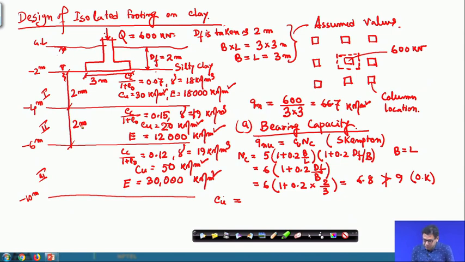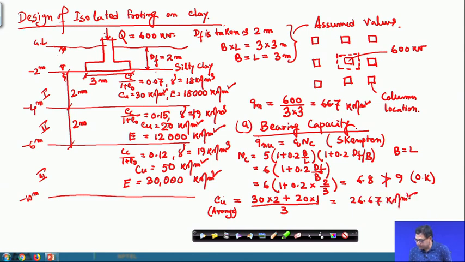So, the weighted average Cu value will be: first layer 30 into 2 meter plus second layer 20 into 1 meter, because the influence zone is up to 3 meter, divided by 3. So, Cu value is coming out to be 26.67 kilonewton per meter square.